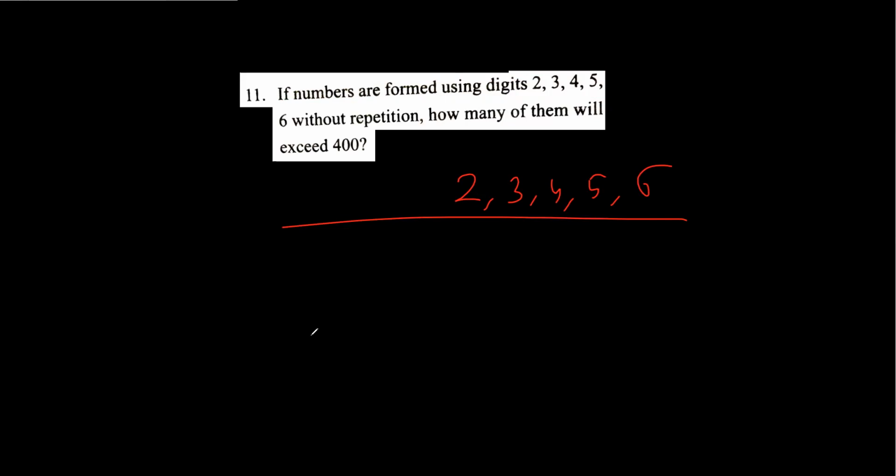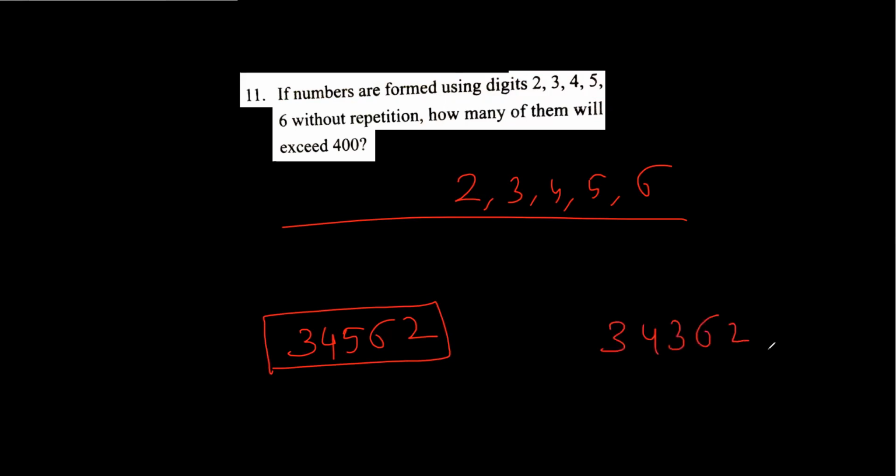That is, you can make a number like 34562. Okay, you can make such a number. See, I'm using these digits to make this number, but you cannot make 34362. No. Why? Because you have repeated 3. That is not allowed. Okay, repetition is not allowed.